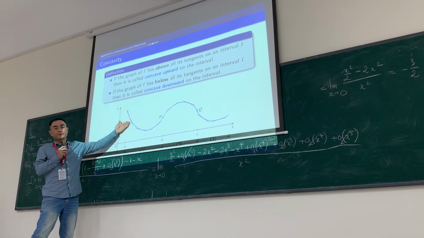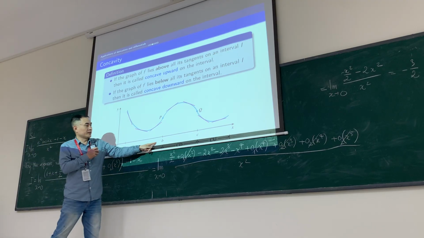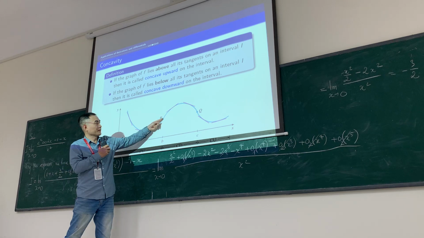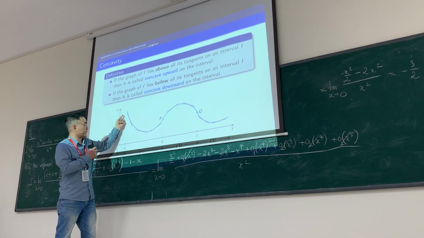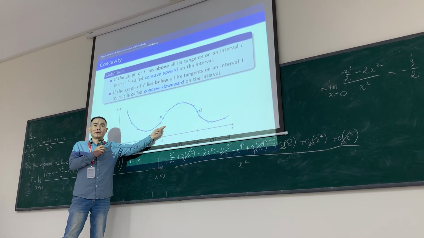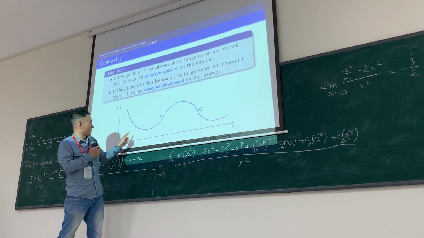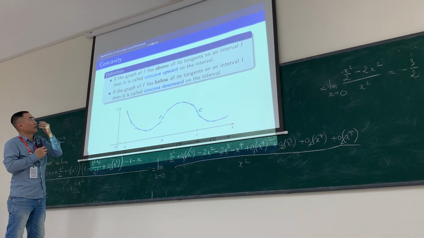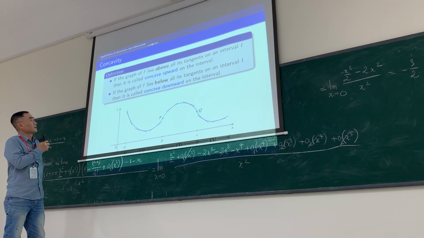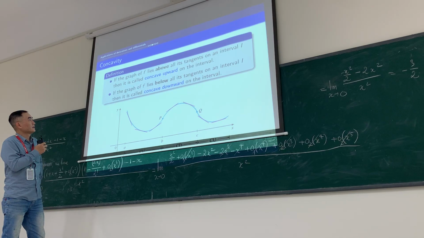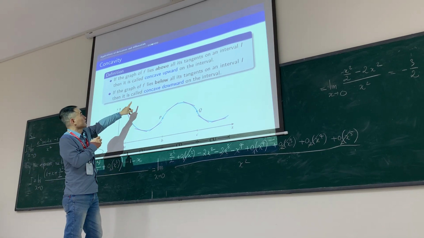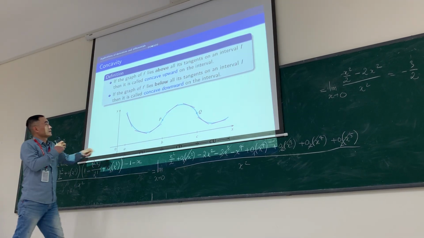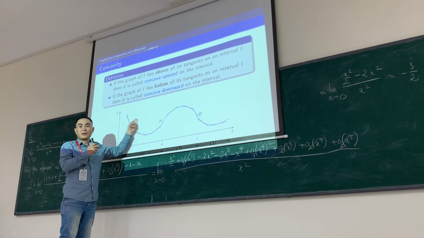Let's see the graph. We consider the interval AB. On this graph, the tangent: you can see the graph of the function on AB has only tangents below the graph.